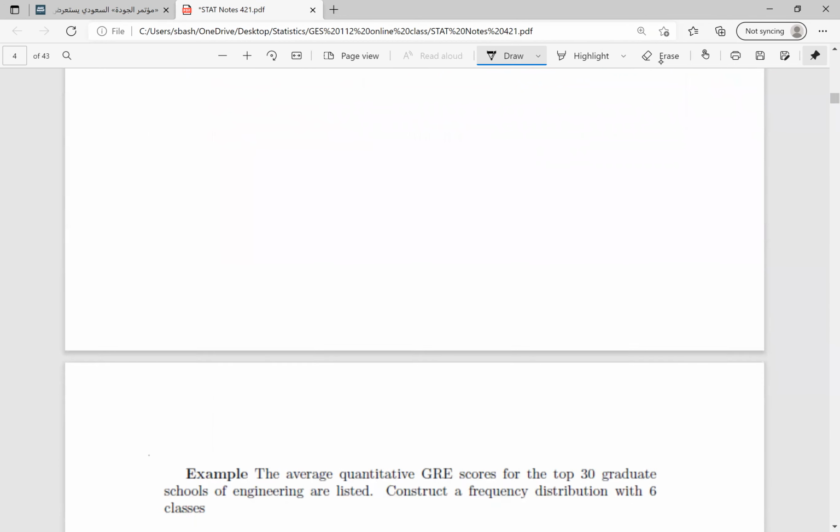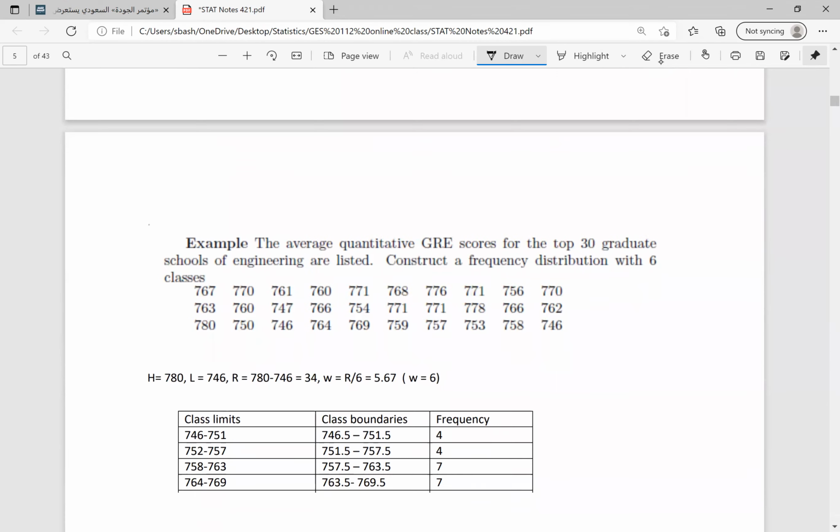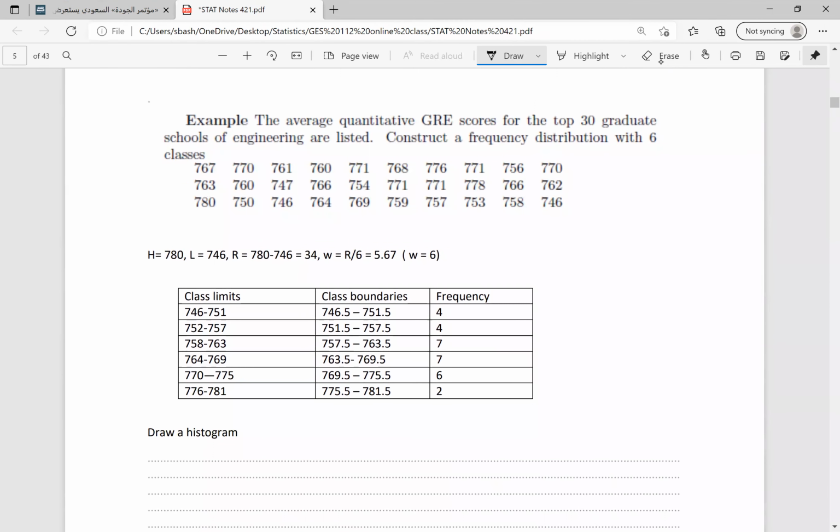Take another example. We are given the grouped frequency distribution, and we need to draw a histogram for this one. This was also done last time. In the last part, we constructed this grouped frequency distribution.